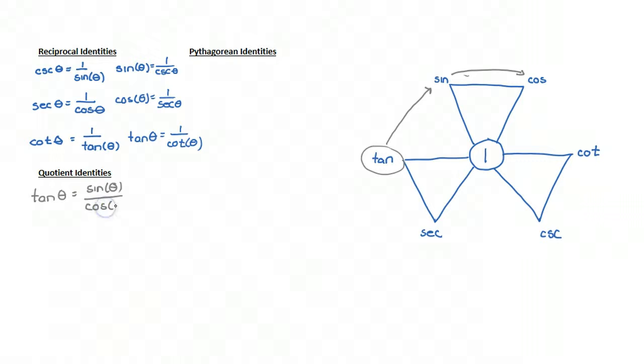And this is what most students memorize, which is great. Well, it turns out also cos theta can be written as cotangent theta over cosecant theta.